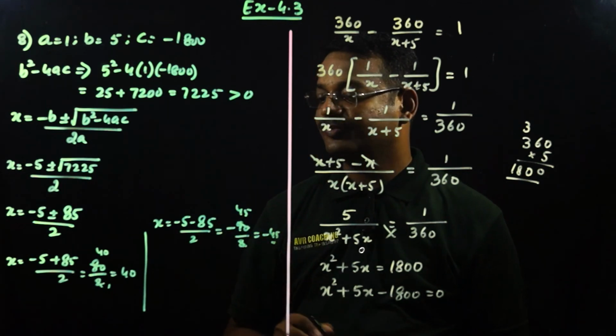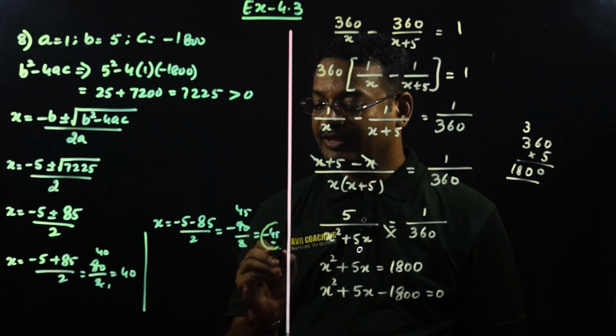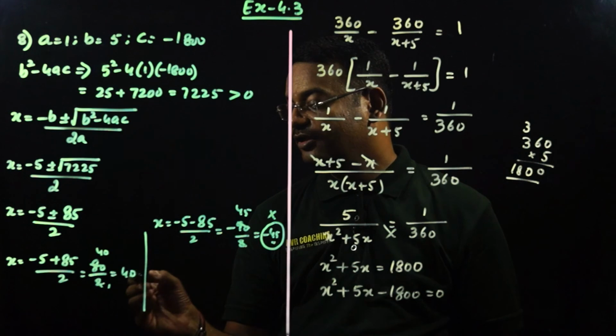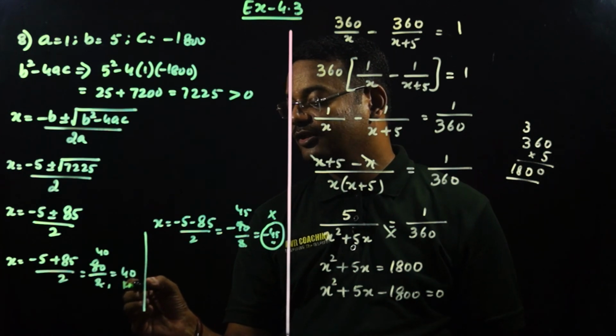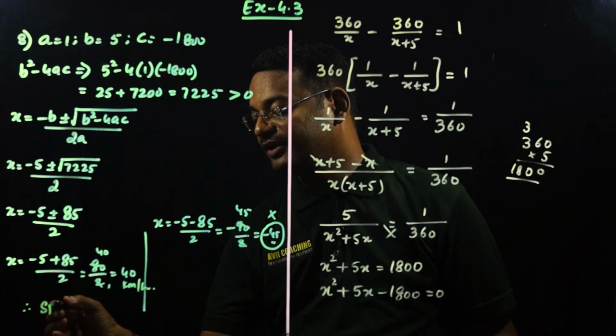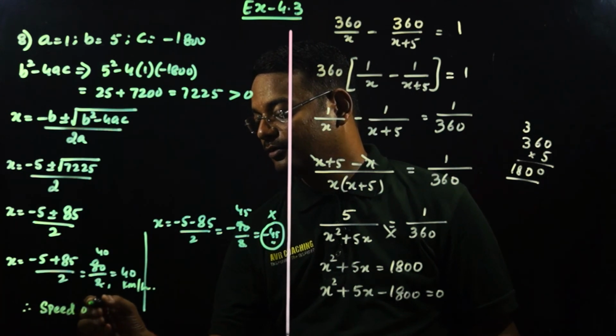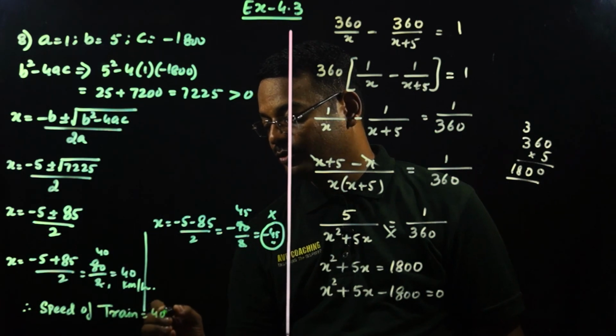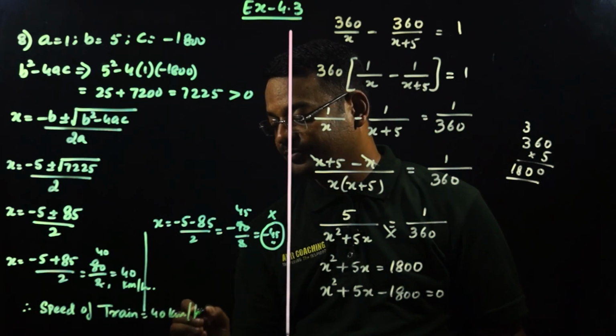Now the uniform speed of the train cannot be a negative value, so we discard minus 45 and take the uniform speed of the train to be 40 kilometers per hour. Therefore, speed of train equal to 40 kilometers per hour.